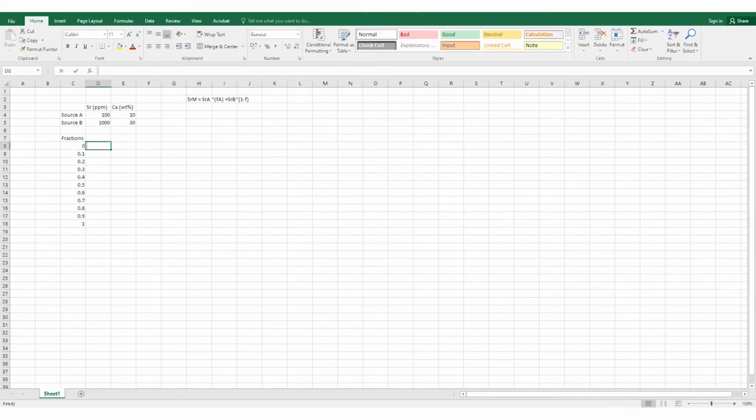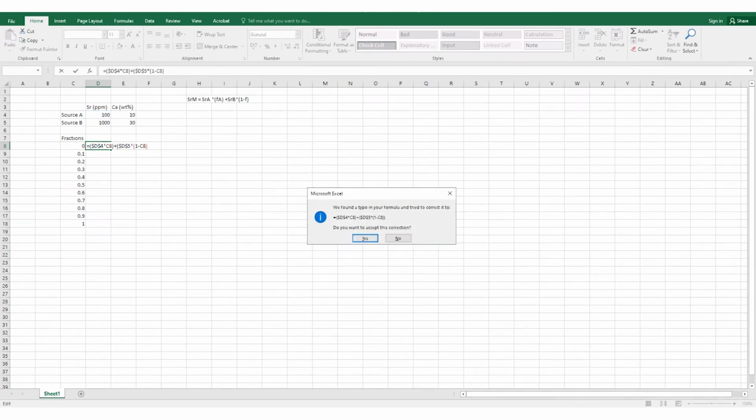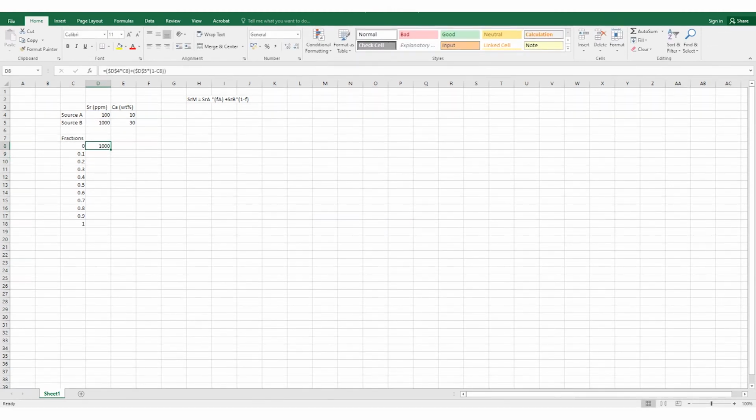So this should be strontium A, which is 100, multiplied by F A, which is 0 in this case, plus strontium B, which is 1000, multiplied by 1 minus F. Because you have 0 coming from source A, this is 1000.